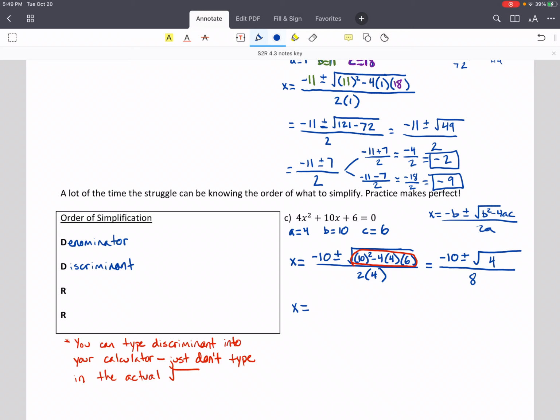So now that you have those things, you're going to simplify that radical, meaning that square root of 4 right here. Negative 10 plus or minus, well, I know the square root of 4 is 2.